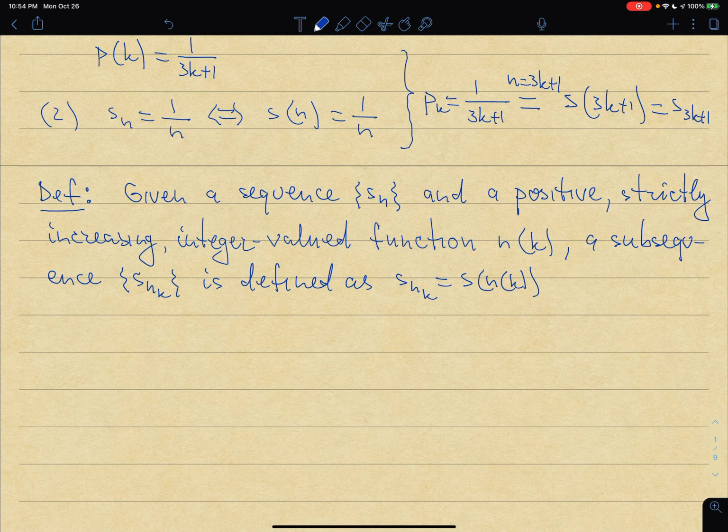So what we're doing is taking this strictly increasing integer valued function, and it's a function that is not only integer valued, but also defined on integers. That function tells us which indices of the original sequence we would like to consider, and out of these indices we then construct a new sequence.